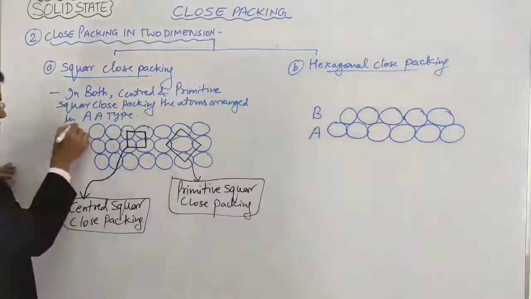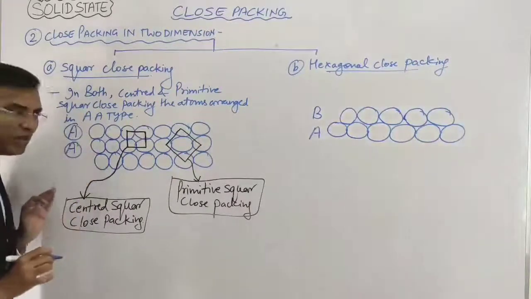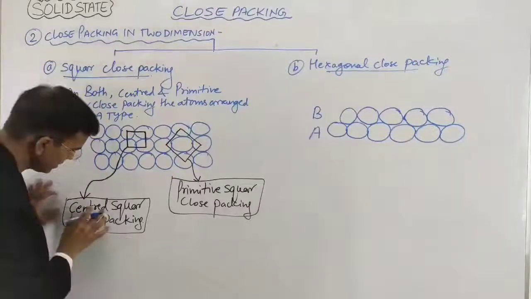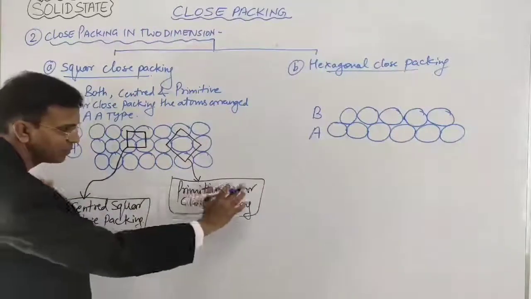Now A type is the arrangement of the atoms. Now here is the centered square close packing and primitive square close packing.